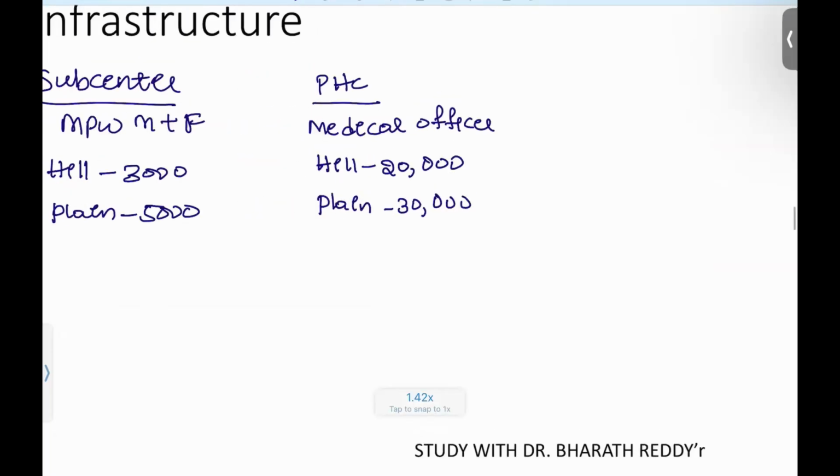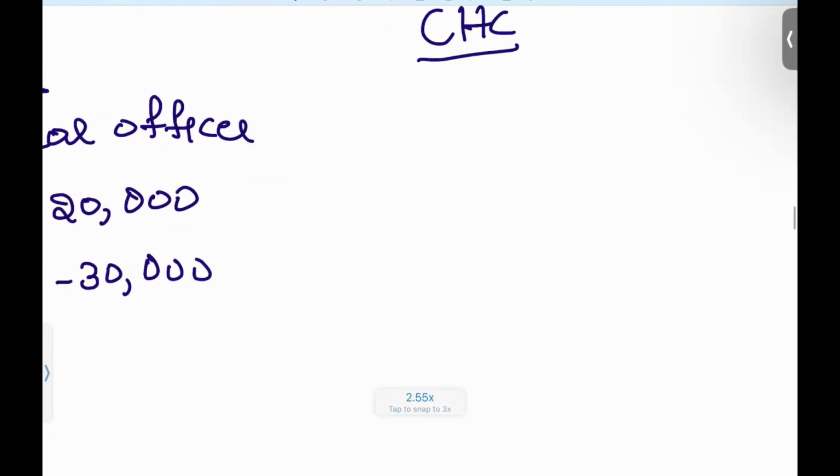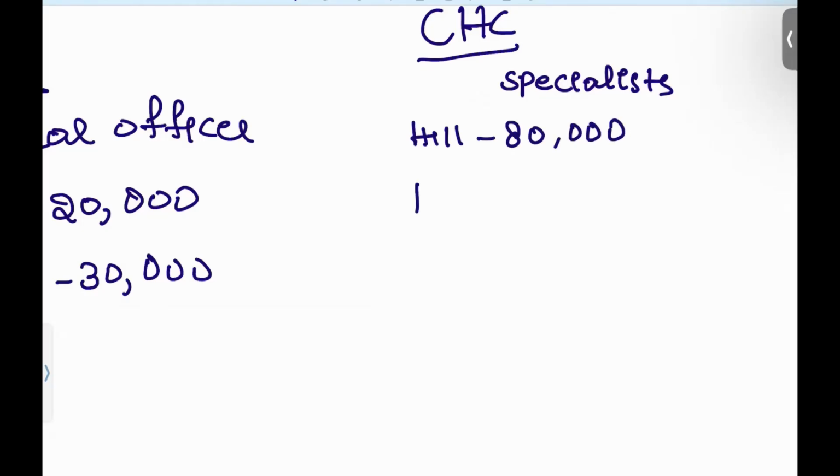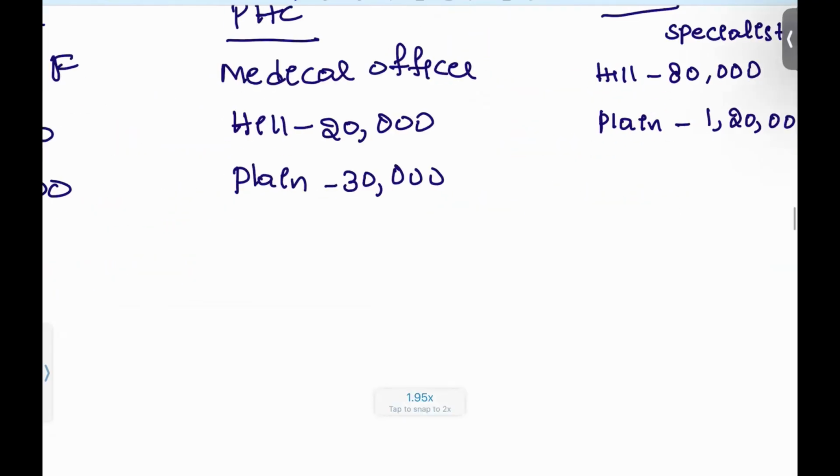Right. Next one is the CHCs. In the CHCs, they will have specialists also, like pediatrician, maternity doctor, all of them will be present here. For the hill regions, it is around 80,000. For the plain, it is more than 1 lakh, approximately 1,20,000 population. Next, coming to the district hospital.